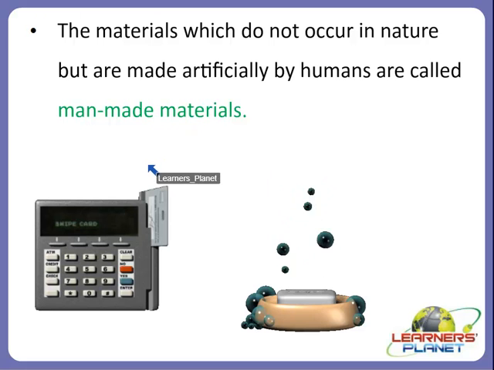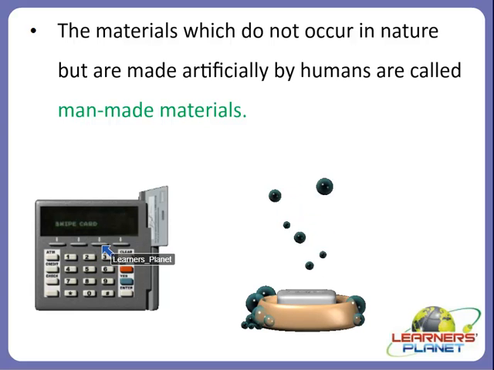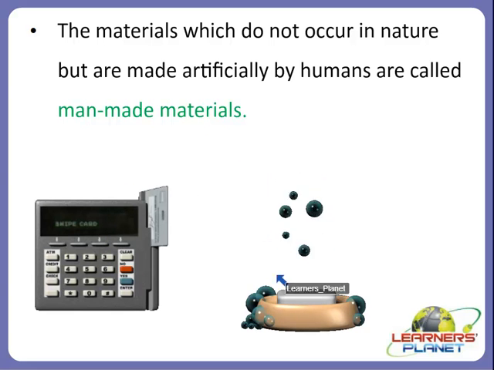Meaning we make them. So this is a swiping machine. You can see here, it is made up of a different type of material which is not naturally made. So these are materials like plastics, glass, nylon, soaps or detergents.